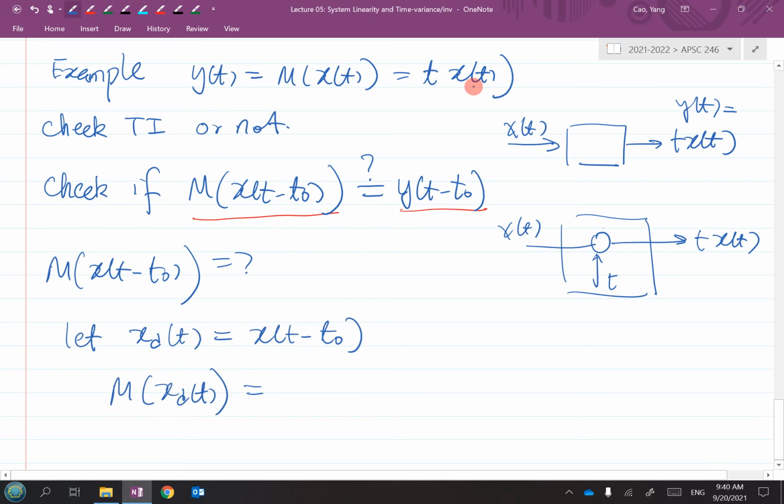Right? This is like what we did in the previous case. x now is changed to what symbol? xd. So you go to the right side, you try to find all the x's and replace the x with xd. In this case, there is only one x, so t times xd of t.